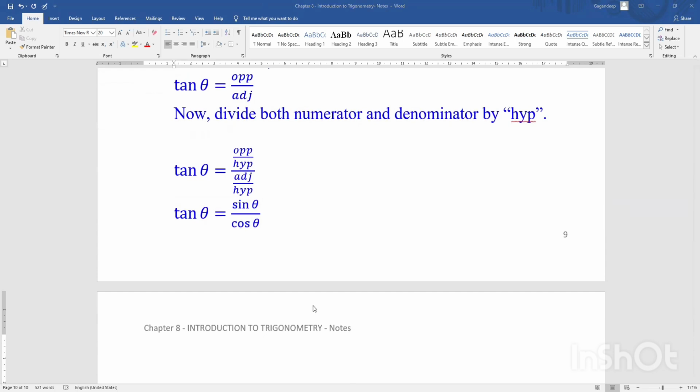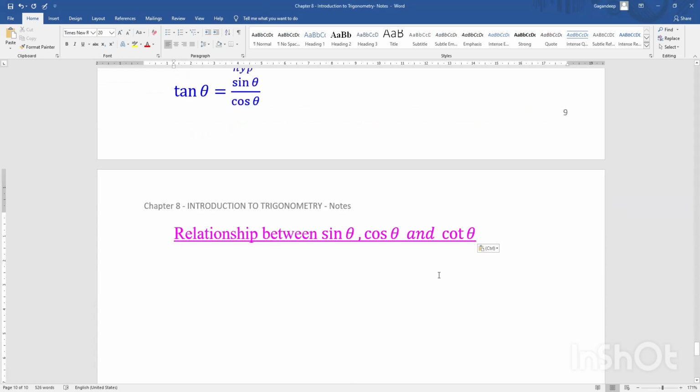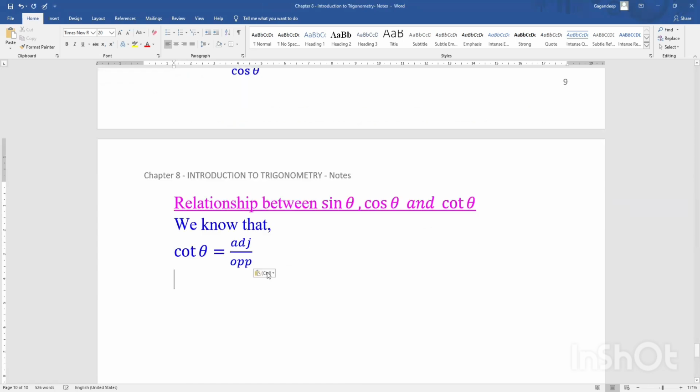Then in my next topic, I'm taking relationship between sine theta, cos theta, and cot theta. So here we know that cot theta is nothing but adjacent by opposite.